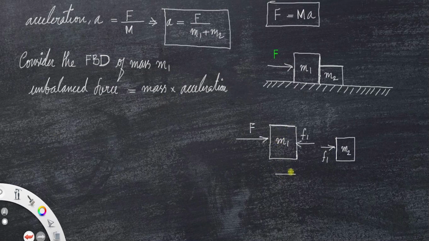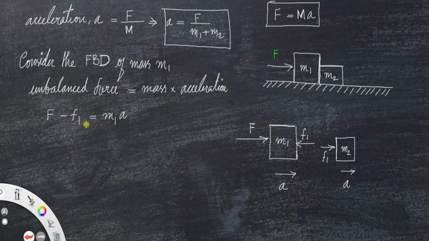Clearly, both these masses have, as I said before, the same acceleration. Clear? So, the unbalanced force acting on m1: F is acting towards the right, and F1 is acting towards the left. So the unbalanced force F minus F1 is equal to mass m1 into acceleration.